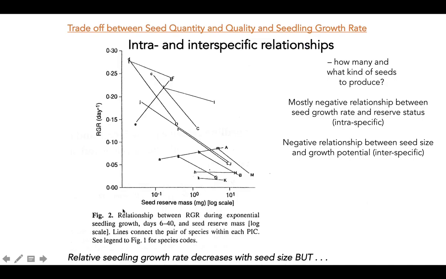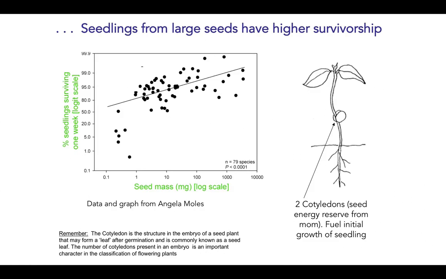Now, we note here that relative seedling growth rate decreases with seed size, but seedlings from large seeds have higher survivorship. Remember survivorship? This is LX. So again, step back. What I'm giving you here are several different examples that differences in allocation can influence not only growth rate, but also survivorship.